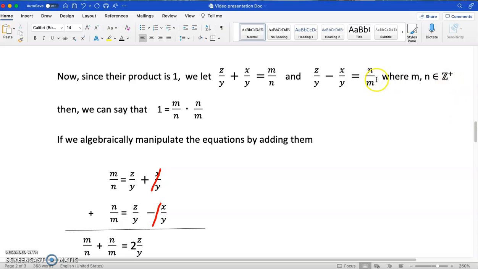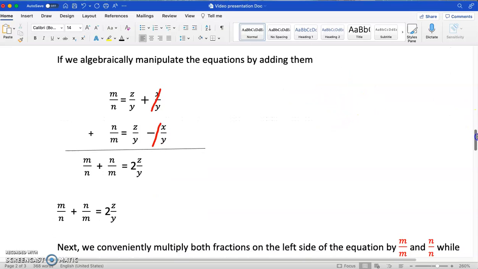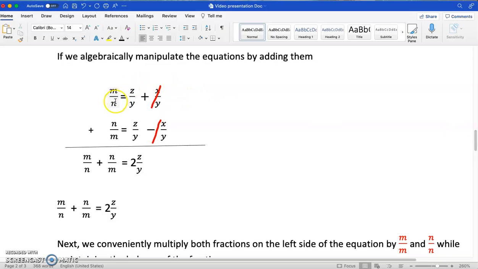If we take these two equations and add them, m over n equals c over y plus x over y, and n over m equals c over y minus x over y.